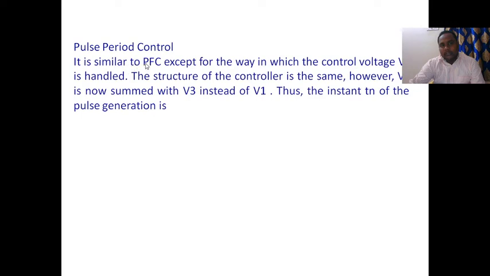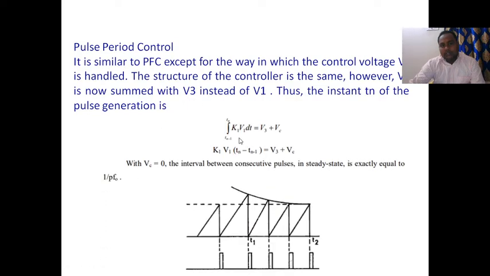It is similar to PFC except for the way in which the control voltage Vc is handled. The structure of the controller is the same. However, Vc is now summed with V3 instead of V1. Thus, the instant Tn of the pulse generation is given by the integral from Tn minus 1 to Tn of K1 V1 dt equal to V3 plus Vc.